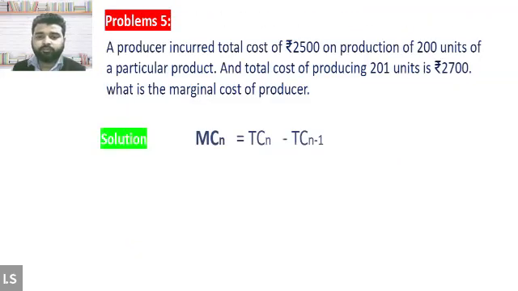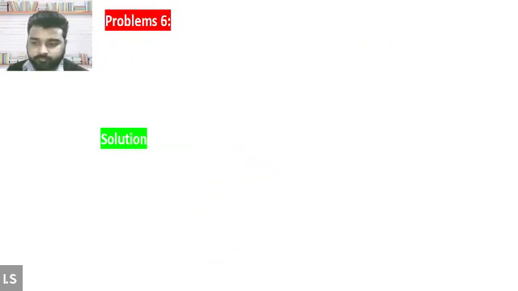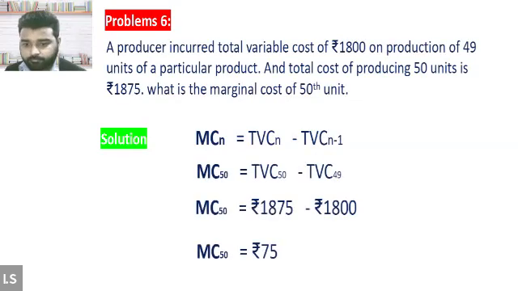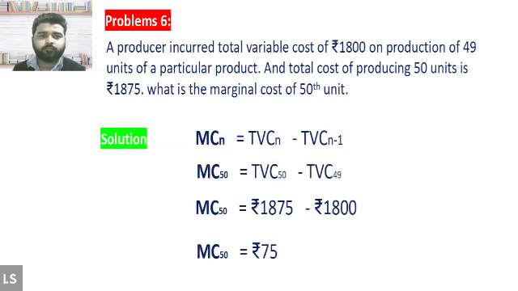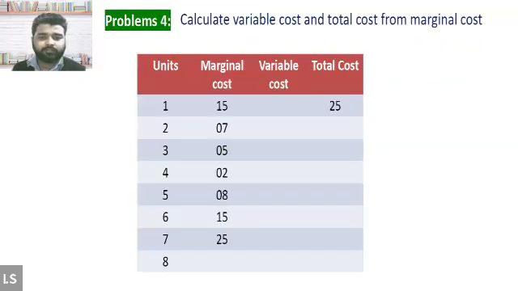So I gave you these questions for homework. Have you done these questions, Alexander? Yes, sir. All right. Any problem, any doubts you want to ask? Sir, only one doubt. In problem number 4, I'm not able to get the 8th unit's marginal cost.